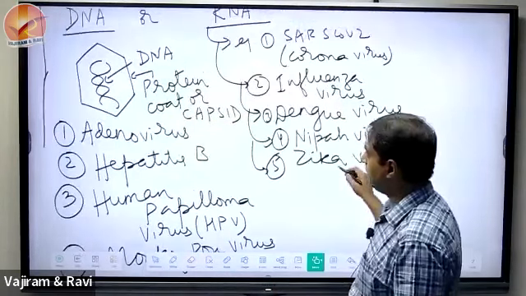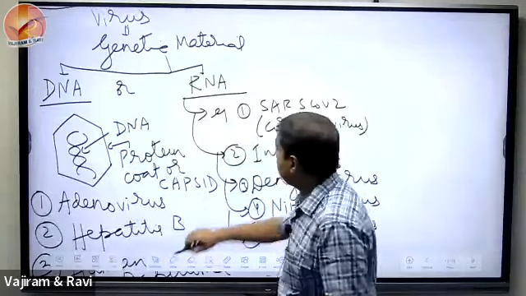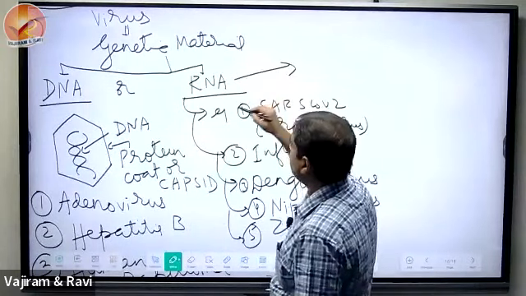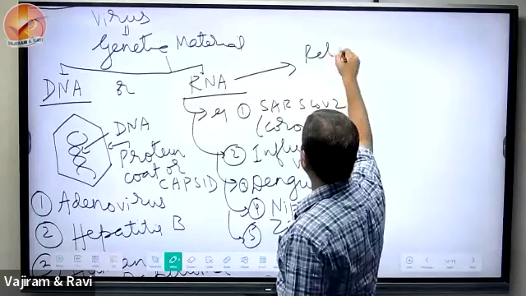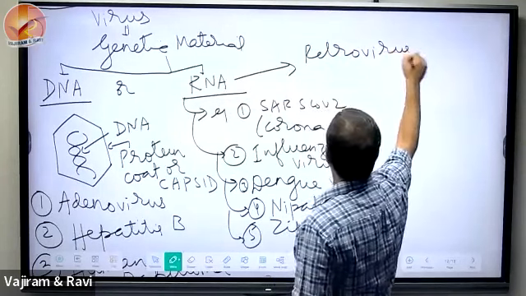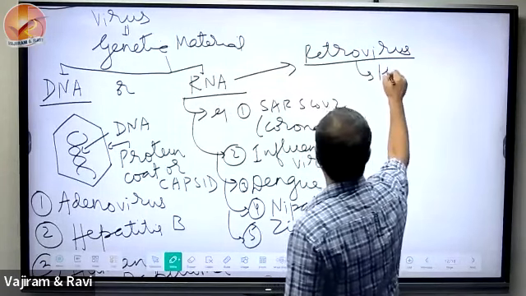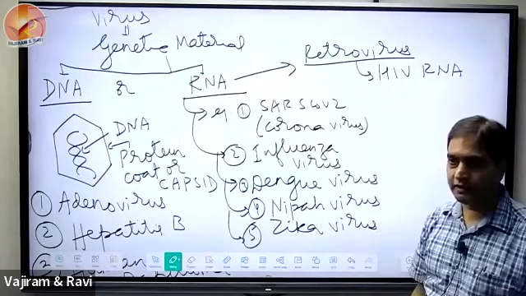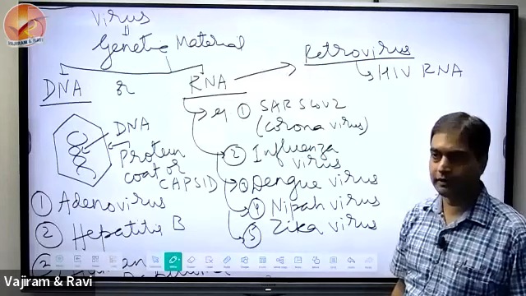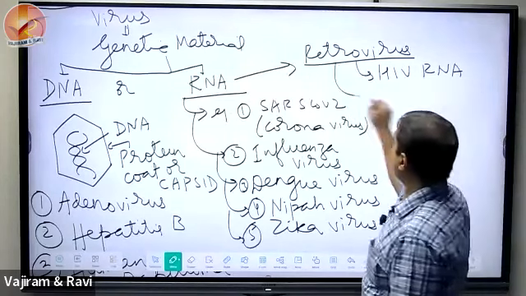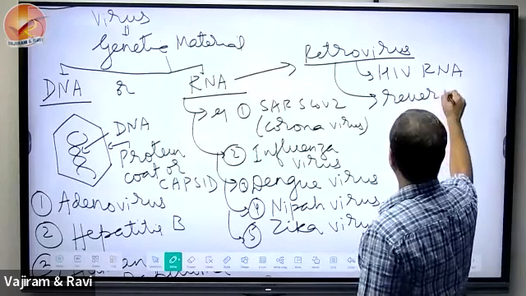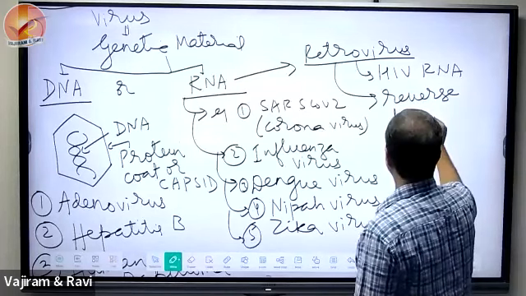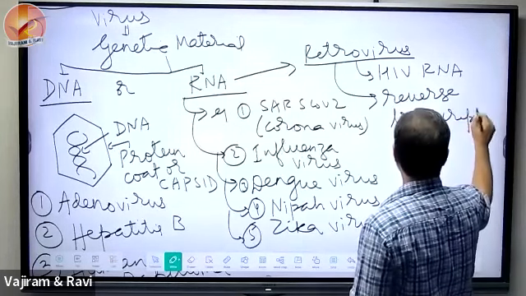I will write about HIV also now. Now HIV comes under RNA virus only, but it is a special category known as retrovirus. So HIV RNA comes under special category of RNA virus called retrovirus. So retrovirus means which can undergo reverse transcription.